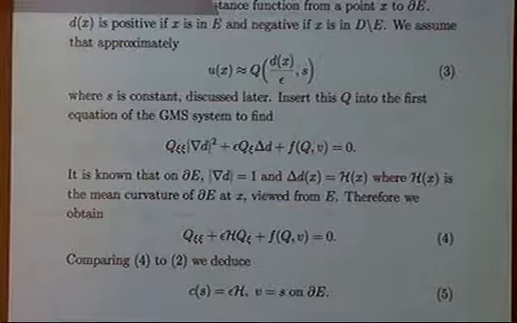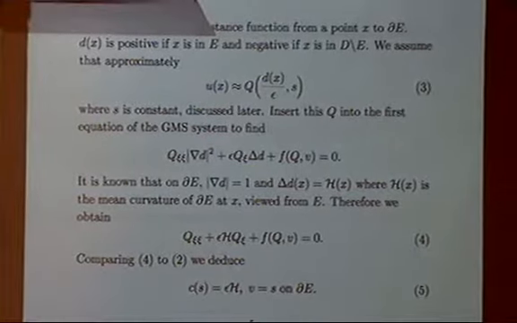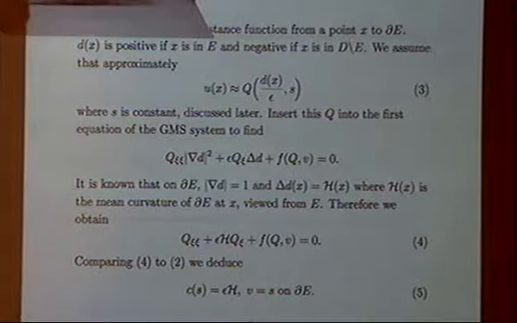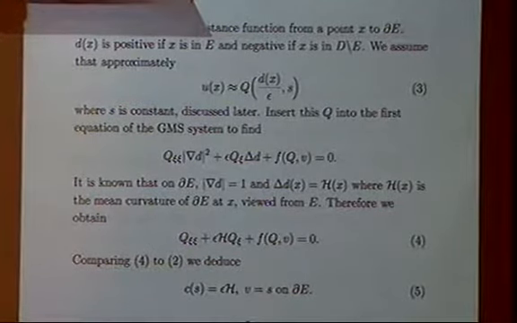So we do this in 3 dimensions. And then this equation simplifies to this, and you compare this to the traveling wave equation. And you find that in order for this to hold, your epsilon H, this term here, has to be equal to the speed of the traveling wave, c of s. And your v has to be equal to the parameter s on the boundary of the set.